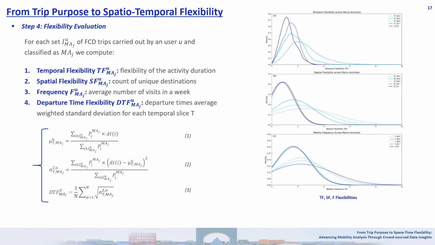So how much I can change my departure time, how much I can change my destination, or I can also decide to remove my trip if it is more flexible.